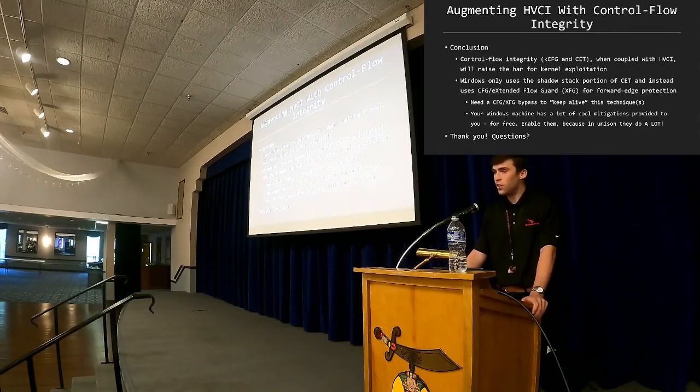So Windows actually only uses the shadow stack portion of CET. It doesn't use all of it. So to keep a technique like this alive, basically you would need to find a bypass in CFG or XFG, because Control-flow Enforcement Technology is a hardware mitigation, right? You can't access it in user mode, or in the kernel.